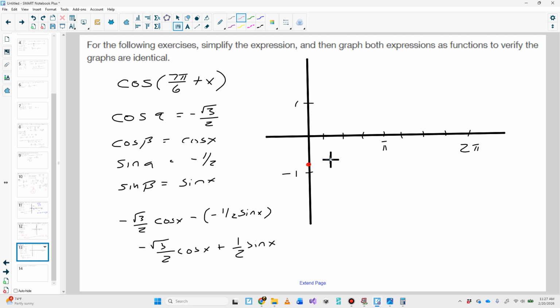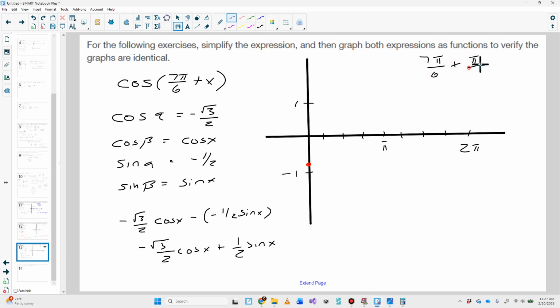There we go. Okay, let's put in pi over 2 for x, and let's see where that is. We're going to have to do some addition here: 7 pi over 6 plus pi over 2.